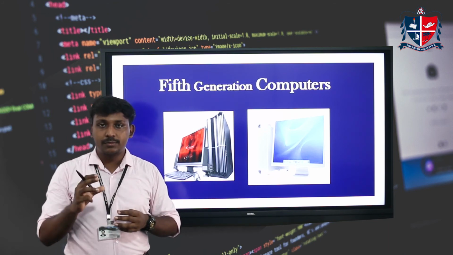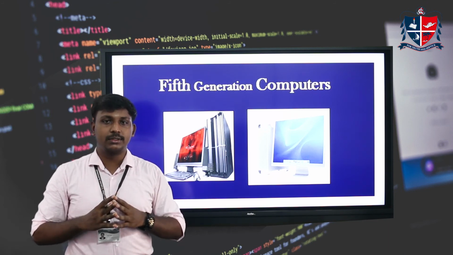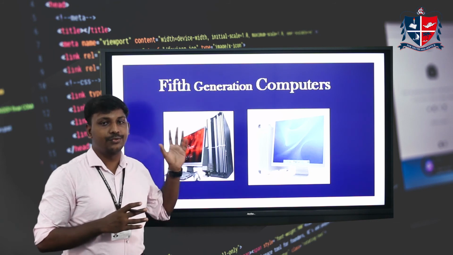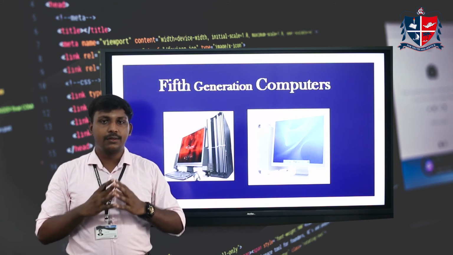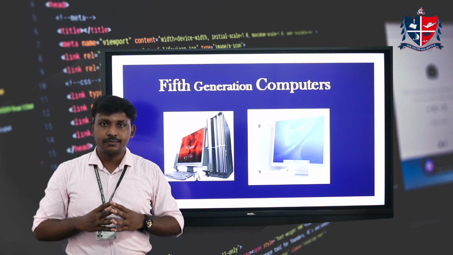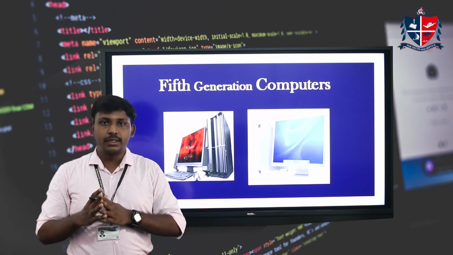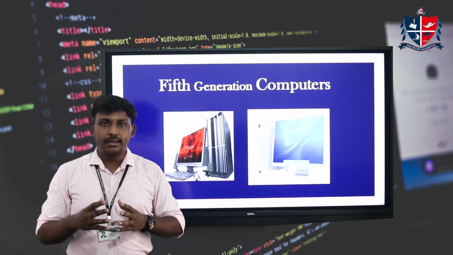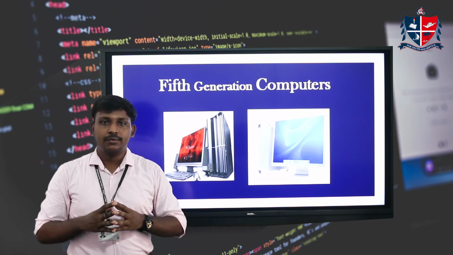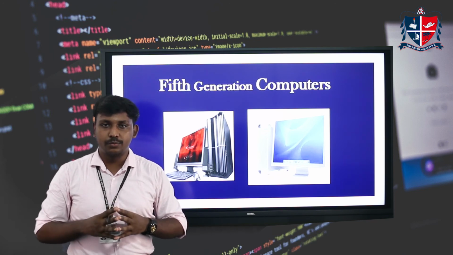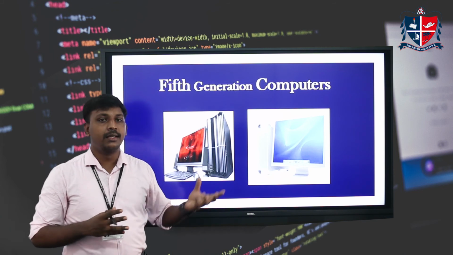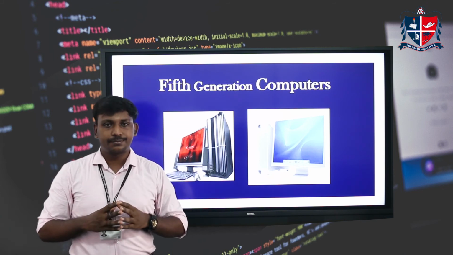We have smaller machines with bigger processing capacity. This is what is happening in fifth generation computing. Now we are building supercomputers for analyzing data, big data. We are analyzing machine language and integrating machine learning in supercomputers. All this is happening in fifth generation computers.